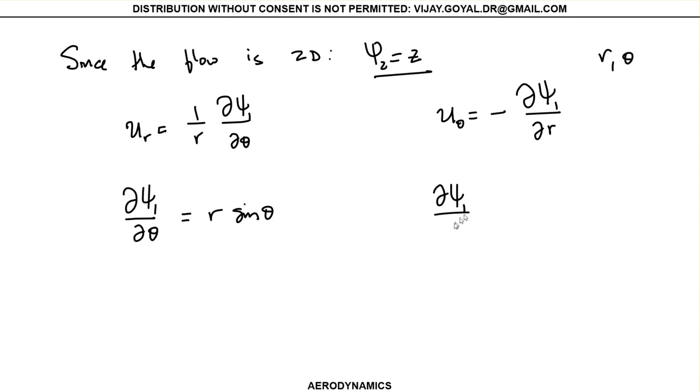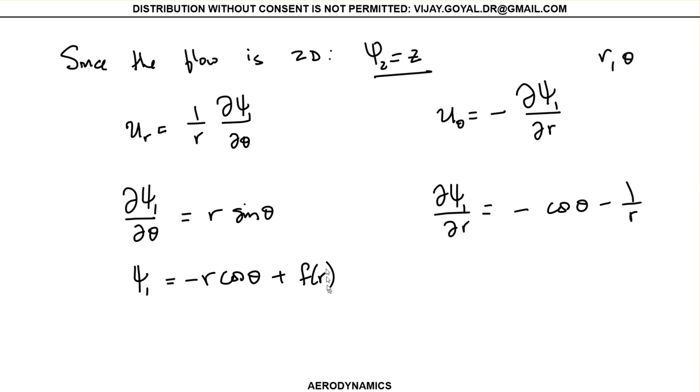Partial of psi with respect to r would be minus cosine of theta minus 1 over r. If I integrate this with respect to theta, you find that this is minus r cosine of theta plus a function of r. And if I integrate this with respect to r, I find that this is equal to minus r cosine of theta minus natural log of r plus g of theta.